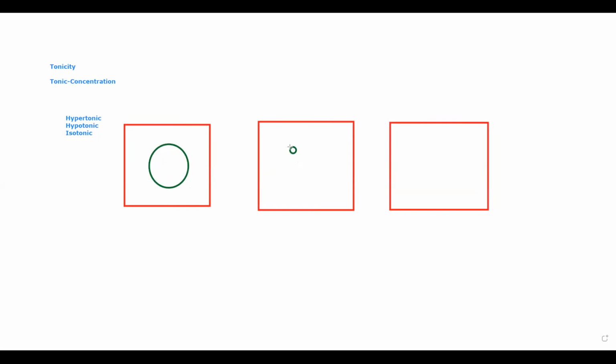So this is cell A, B, and C, and this is the nucleus of a cell. So this is the nucleus.